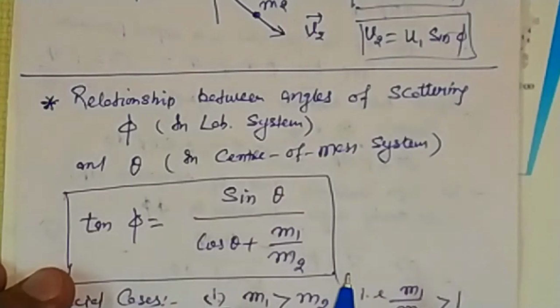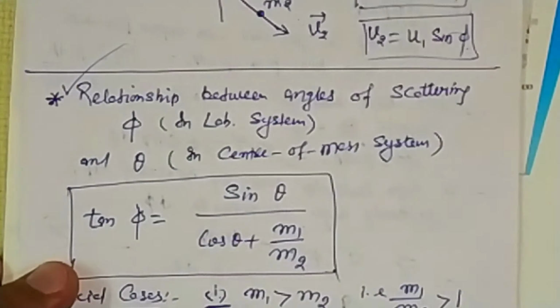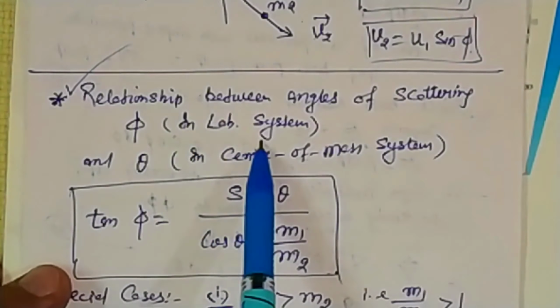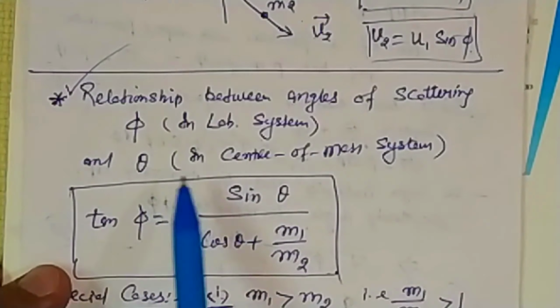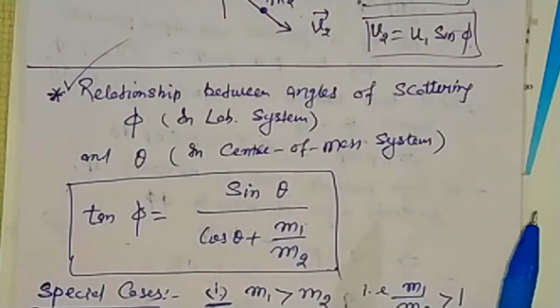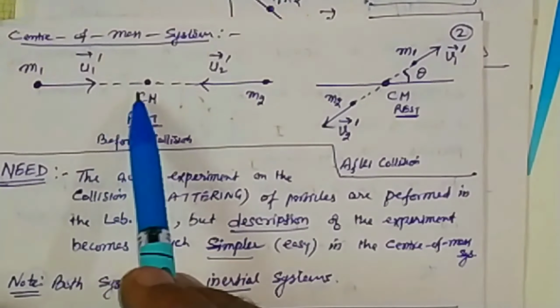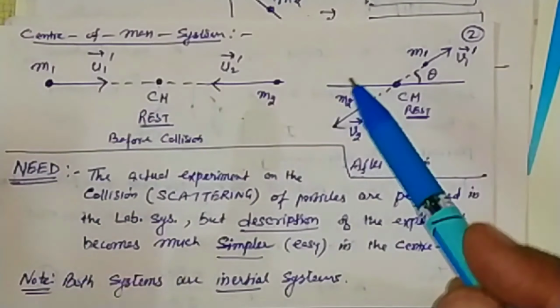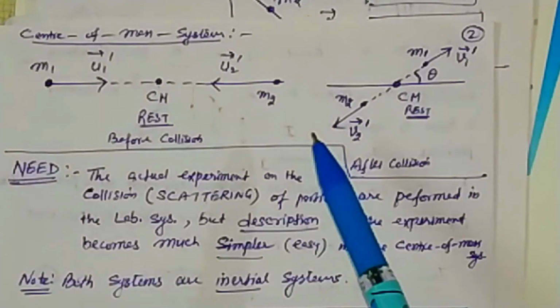Now focus on today's topic, that is, the relationship between the angle of scattering in the lab system and the angle of scattering in the center of mass system. The relationship between these two can be derived using this expression. This is the center of mass system. The center of mass is supposed to be at rest, and both particles are moving toward each other.